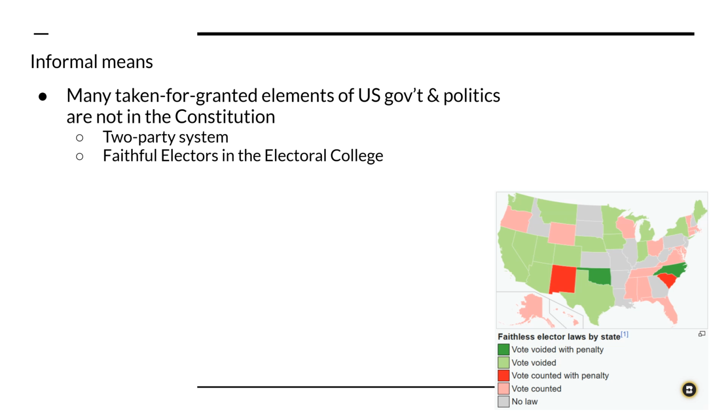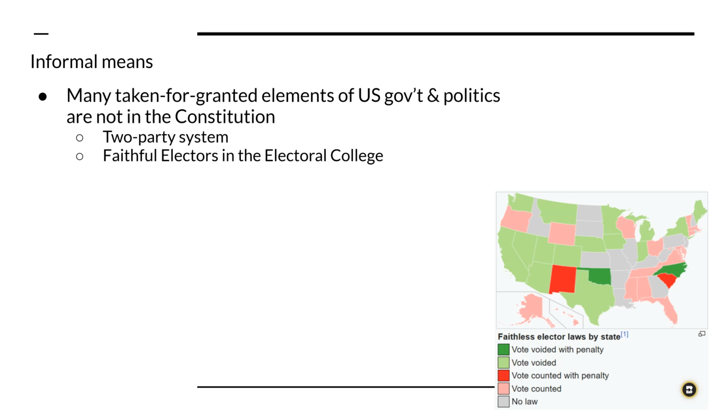Almost universally, every member of the Electoral College is what's called a faithful elector. Now, we will talk more about the Electoral College later, but for now, just at the basic level, understand that the members of the Electoral College pick the president and vice president at meetings of the Electoral College in each of the states.